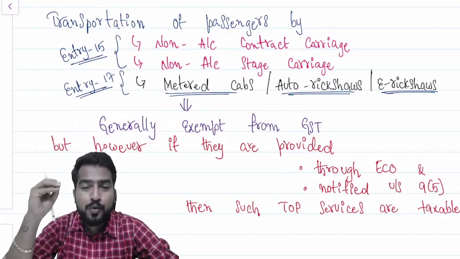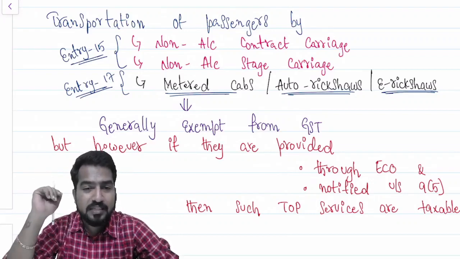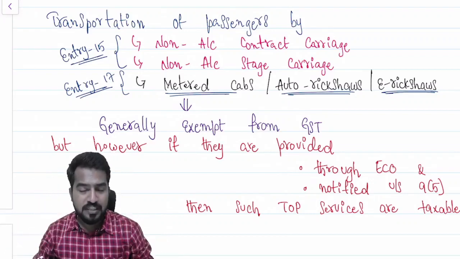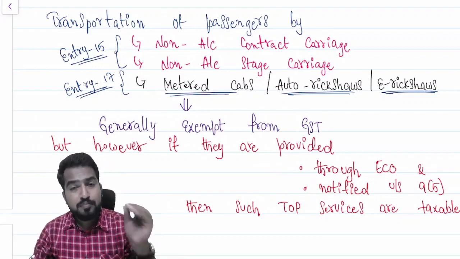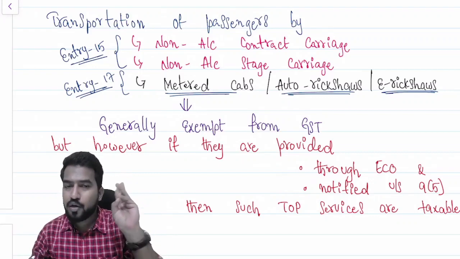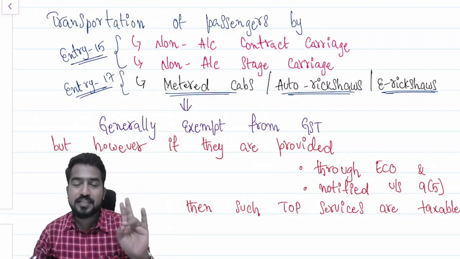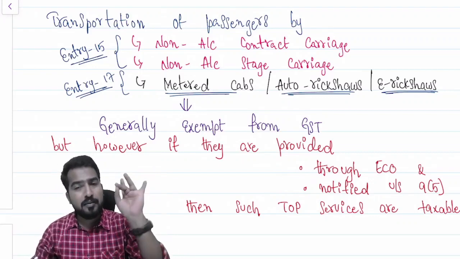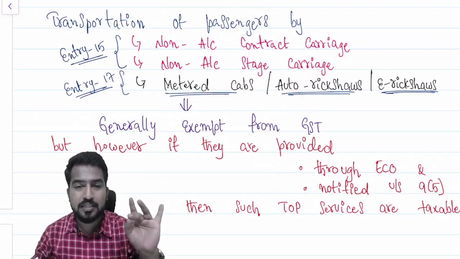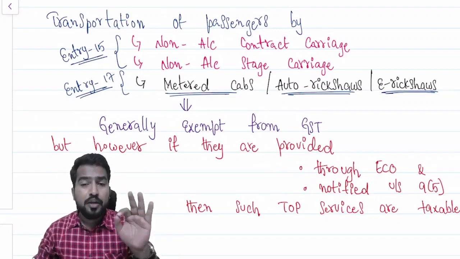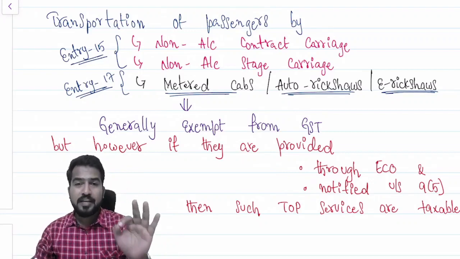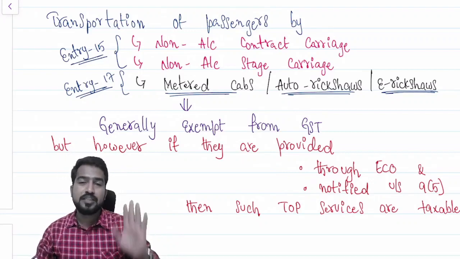But now, through the recent amendment, what the government has done is, if the transportation of passengers is provided by non-AC contract carriage or non-AC stage carriage or through metered cabs, auto rickshaws or e-rickshaws, and these services are provided through an e-commerce operator and notified under section 9 subsection 5.